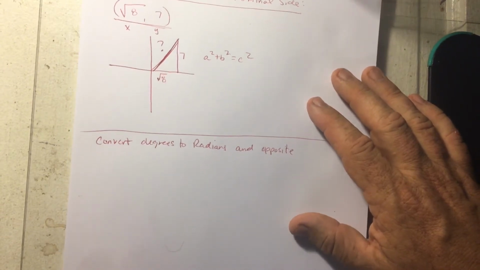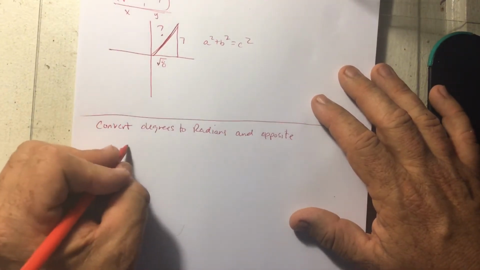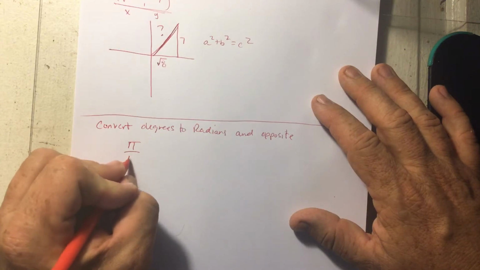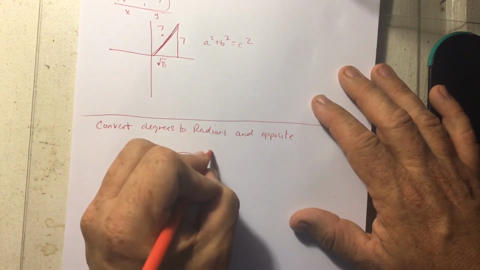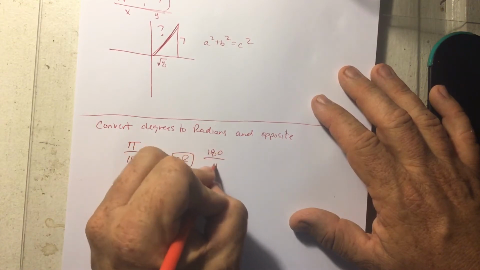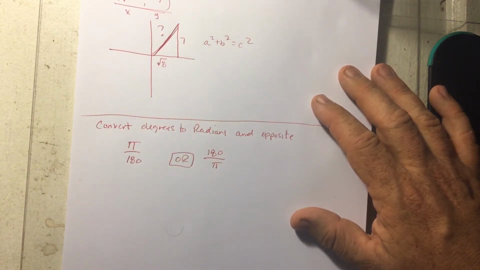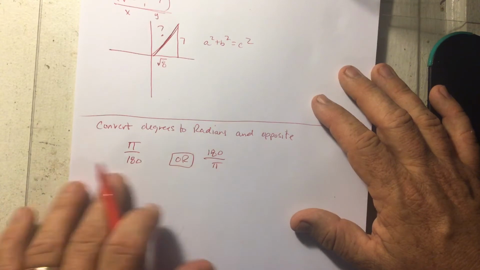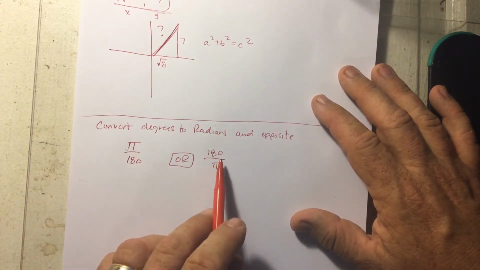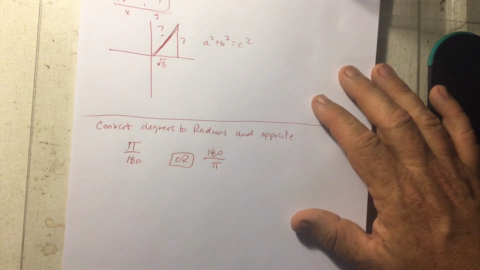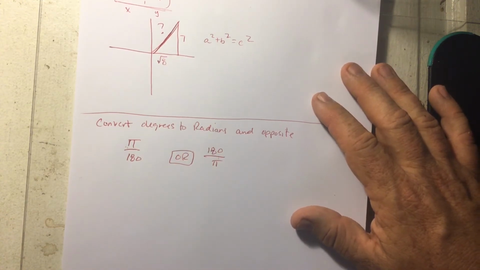Don't forget that you're doing pi over 180 or 180 over pi. Those are the things that we're using to convert. From degrees to radians, use this one, and from radians to degrees, we use that one.